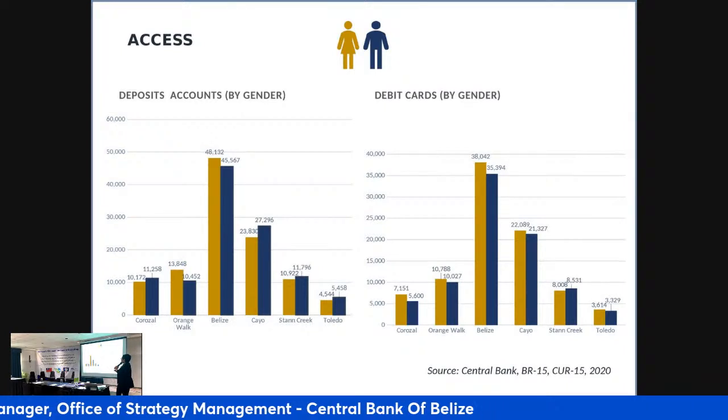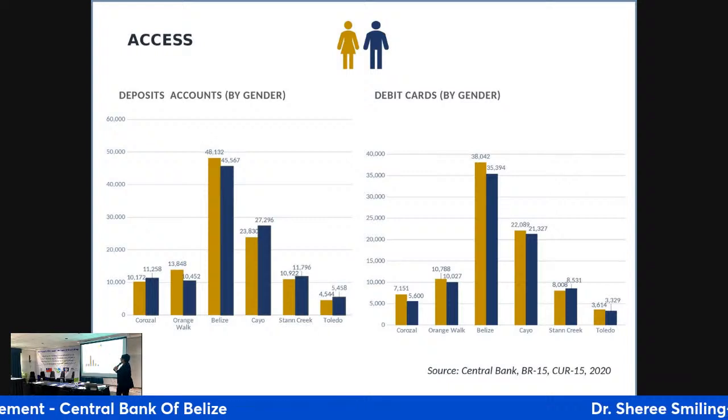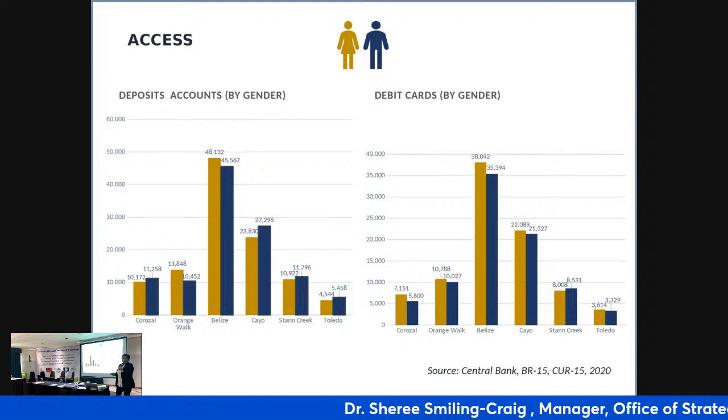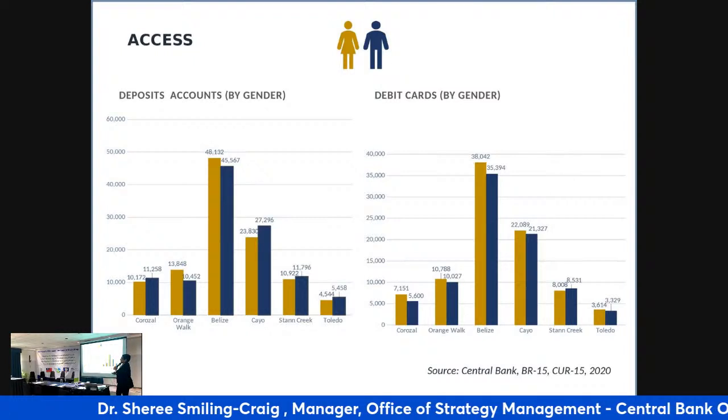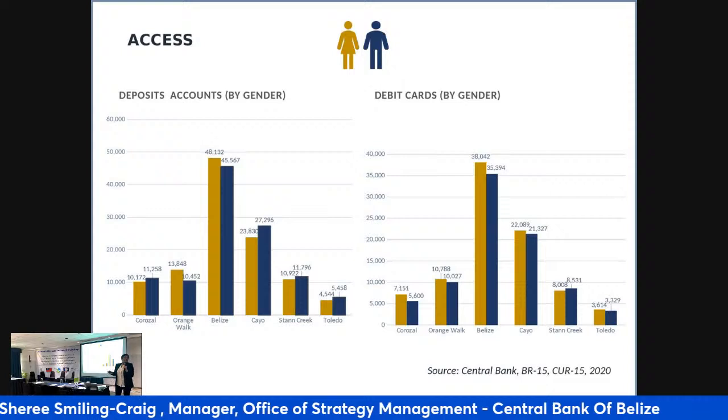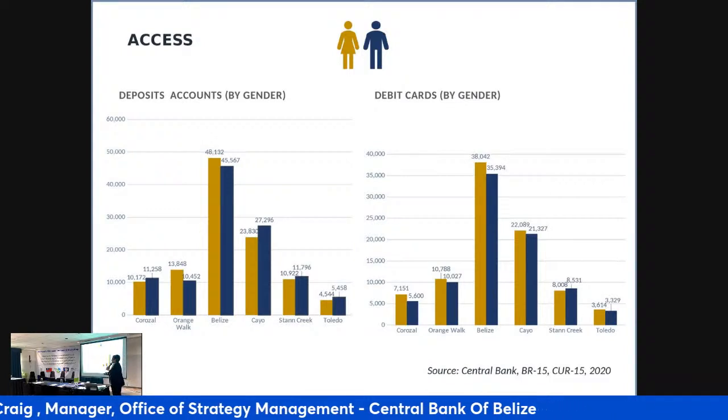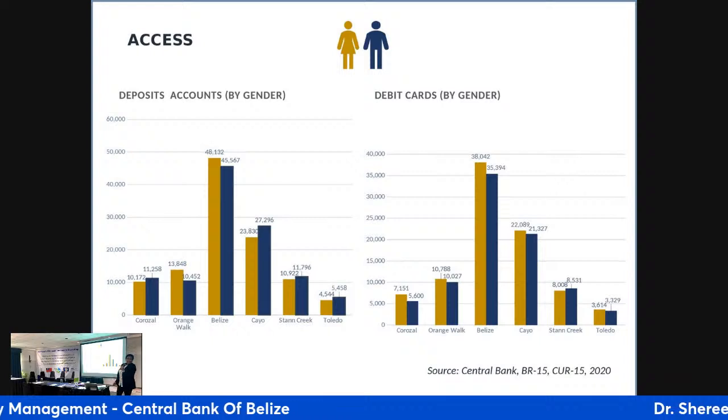However, that trend does not hold for all the districts, except for Orange Walk, where the women have more transaction accounts than men. When we look at debit cards, which is another form of access, you will note that, again, women tend to like the debit cards.